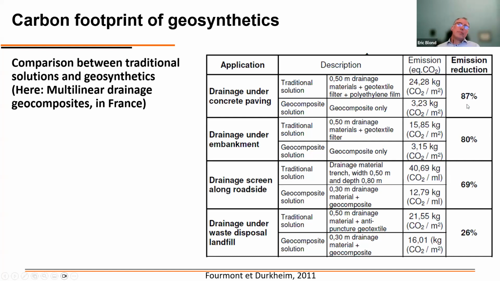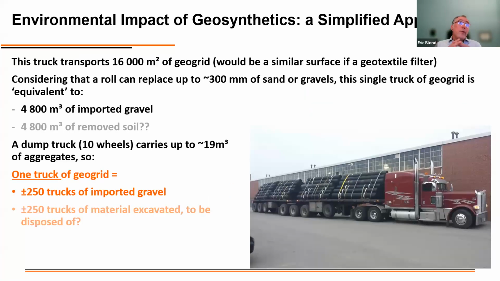So we're at something close to 8 times less carbon spent with using geosynthetics compared to using gravel. So this is elaborated analysis. The very simple thing that we can do is look at how much trucking is needed. A truck burns gas, and when trucks will be electric, they will still burn gas because at the end energy is carbon.